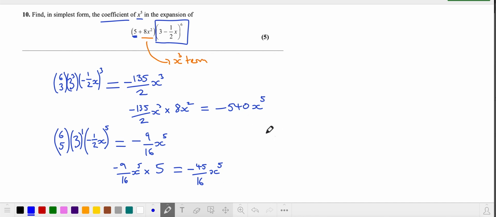So then we can just add those together. So minus 540 x to the power 5 minus 45/16 x to the power 5 gives us a final term of, I don't like the look of this number, I hope I haven't got it wrong.